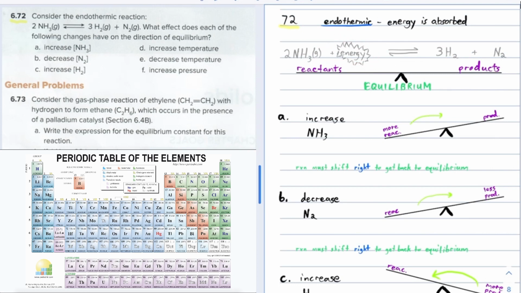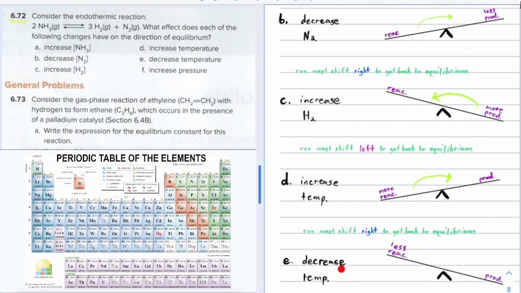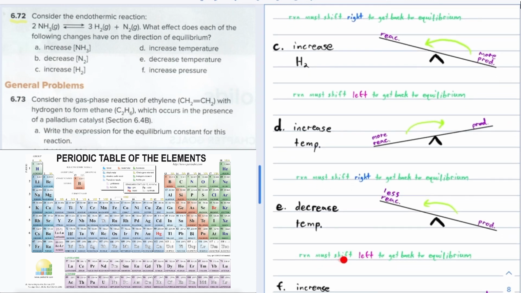If you're decreasing the temperature, you're removing that energy, and now the reactants are lightened up, and the balance beam is tilted to the left because you removed some of that necessary heat. And so to get back to equilibrium, it has to shift to the left. Take some of that product and reform some reactant. So the reaction shifts to the left to get back to equilibrium.